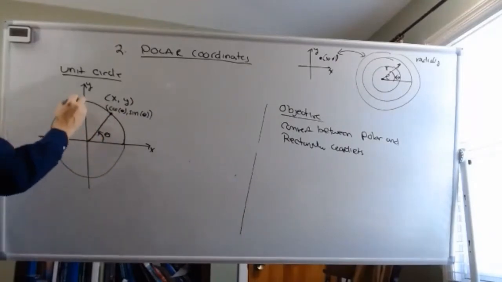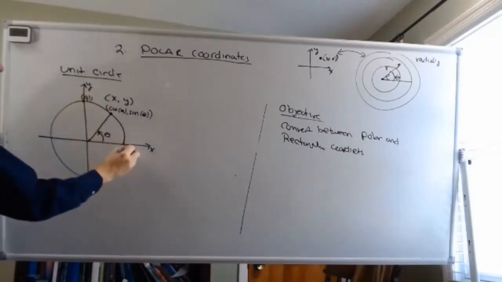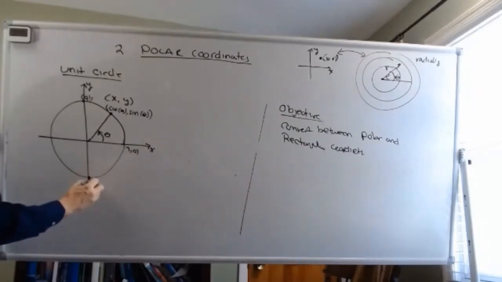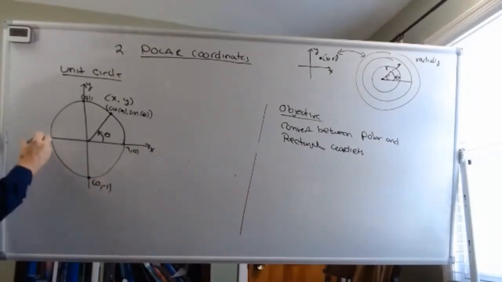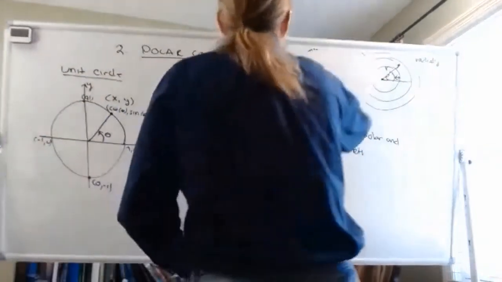Now, we could go beyond the unit circle if we wanted to. We saw that. That's our unit circle, but we could expand it beyond the unit circle. And then we have an r comma theta.